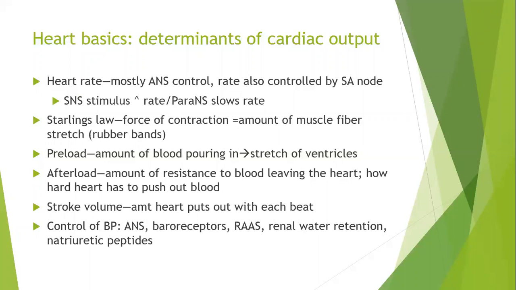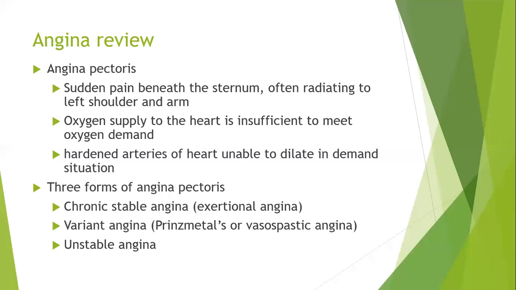Preload is the amount of blood pouring in, which stretches the ventricles, and afterload is the blood on the outside of the heart that's resisting blood leaving the heart. So, we can think about the forward and backward effects. Stroke volume. Control of blood pressure is primarily through the autonomic nervous system, the baroreceptors, the RAS system, renal water retention, and natriuretic peptides that we will talk more about.